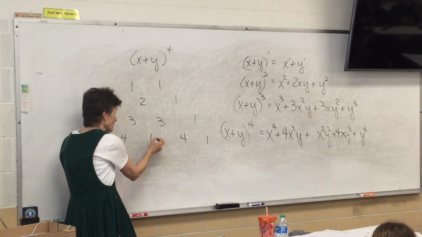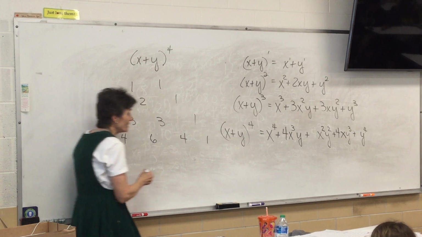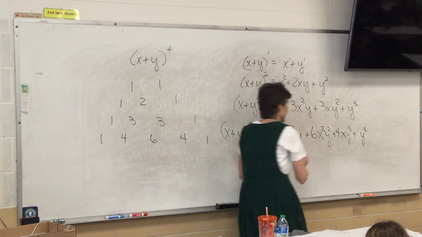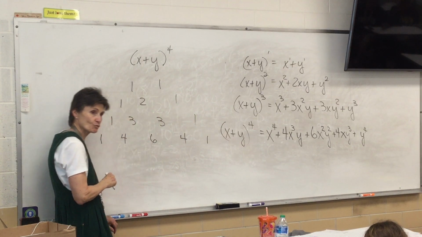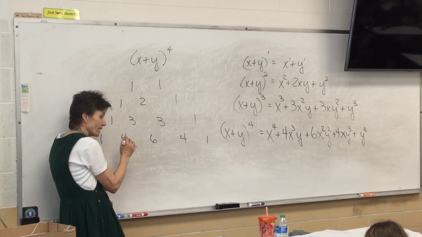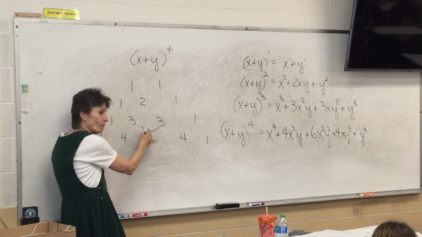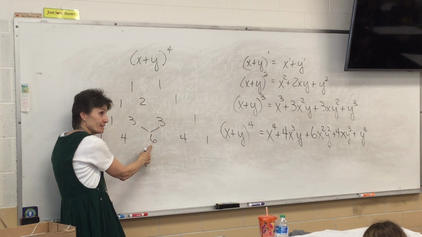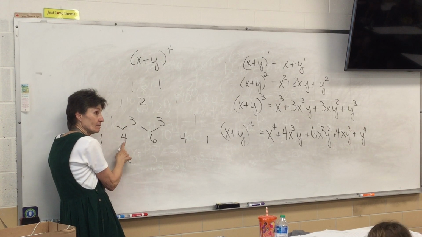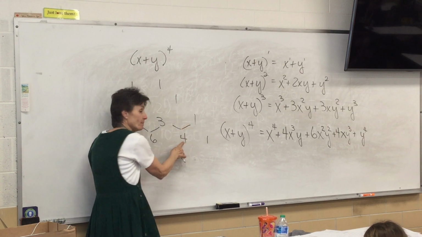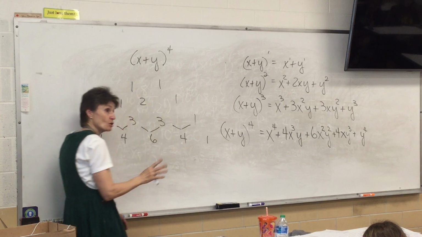This one is going to be a 6. This coefficient is a 6. Because to build Pascal's triangle, you add the two above it. So 3 and 3 make 6. 1 and 3 make 4. 3 and 1 make 4, and so on.